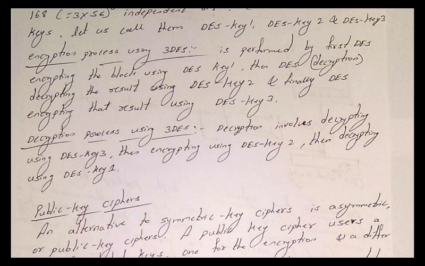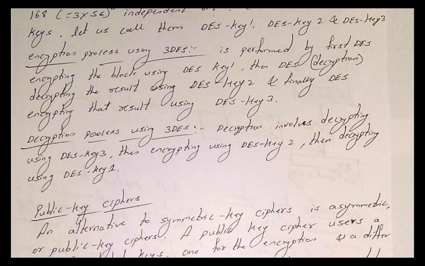Then once again you encrypt the result using DES key 3. So this is the encryption process using 3DES. DES key 1 is used for encrypting the block and DES key 2 is used for decrypting that. The result is once again encrypted using DES key 3.